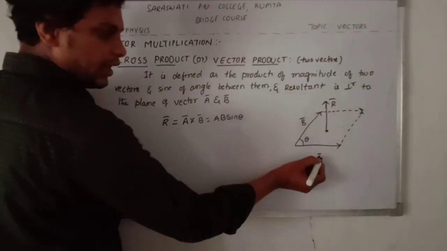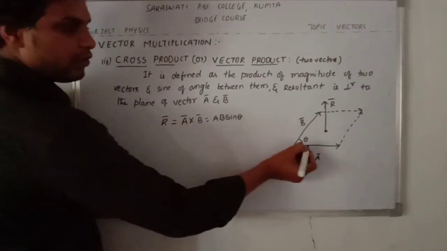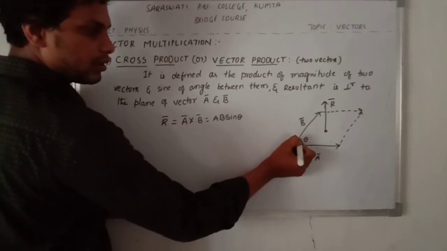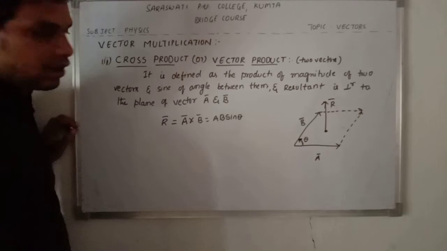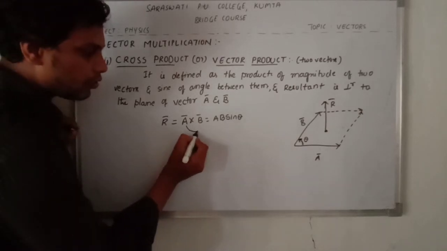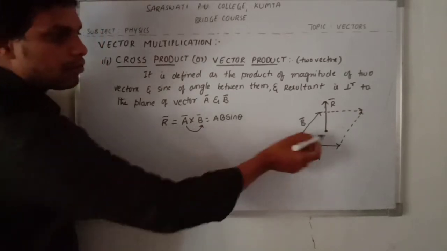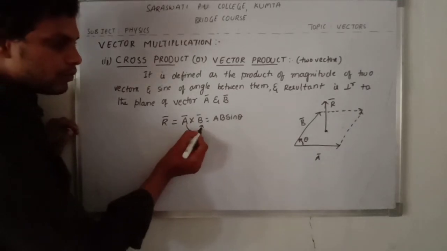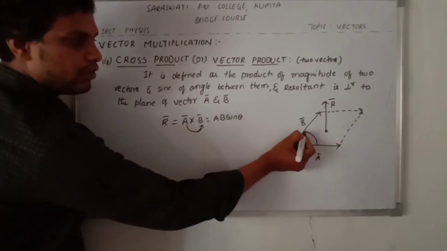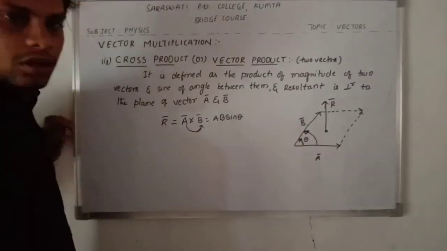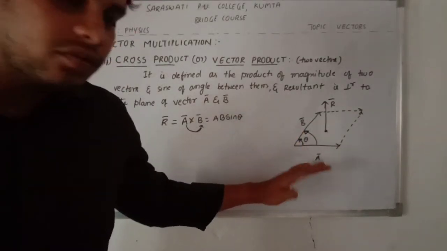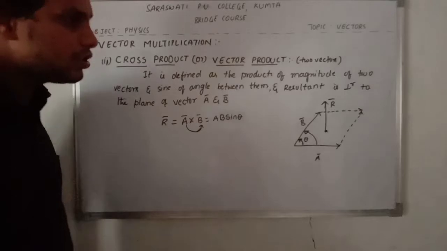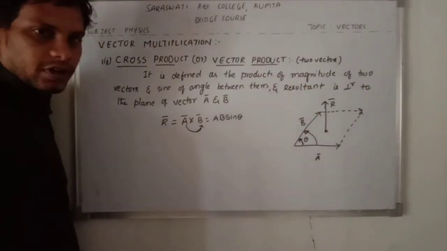Now a bar cross b bar means a crosses on b, that is, a falls on b, which is the anti-clockwise direction. So if two vectors are rotating in anti-clockwise direction, then the resultant will be in the upward direction.